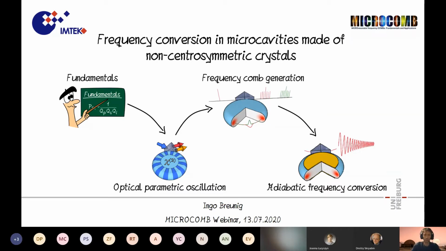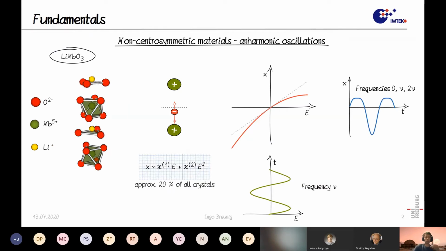Okay, so we are talking today about non-centrosymmetric materials. What does it mean actually? Here on the left side, we have a drawing of the structure of lithium niobate, one of the most famous non-centrosymmetric materials. In red, you have the oxygen ions, in yellow the lithium, and the niobium in green.